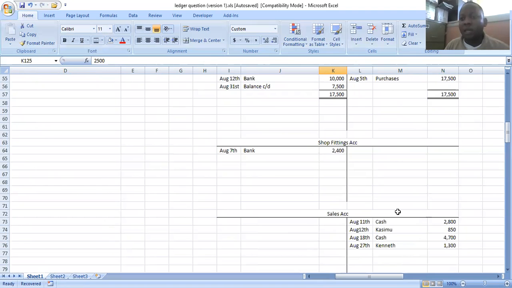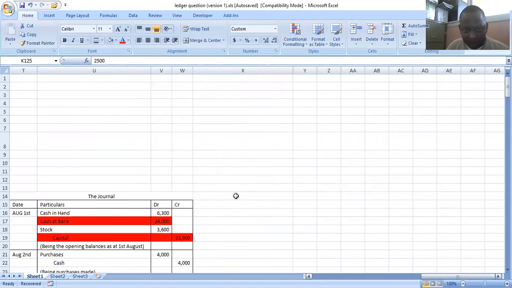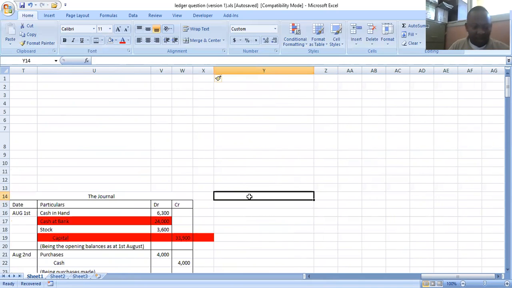So next, we look at the trial balance. So we have Ahmad's trial balance as at 31st August 2014.